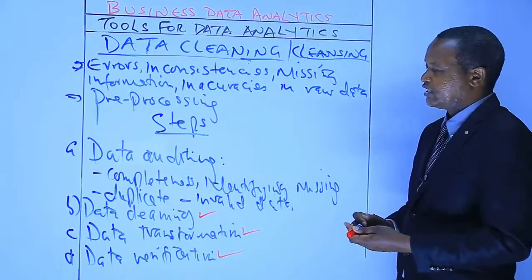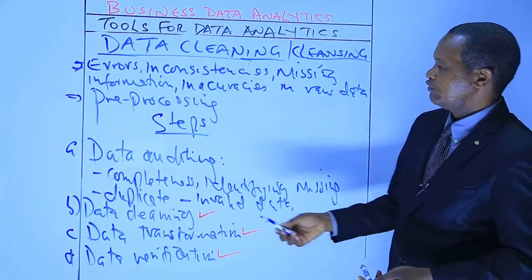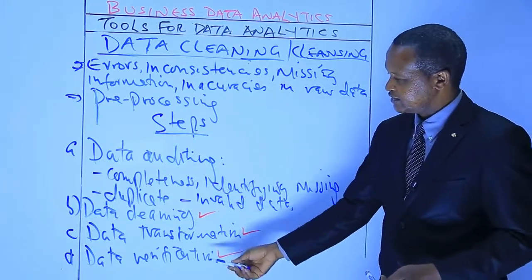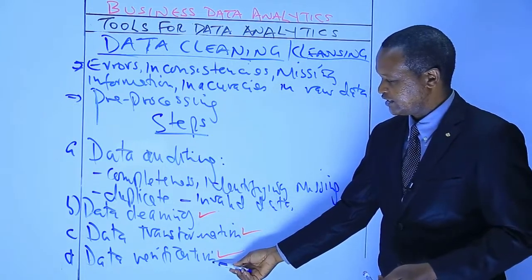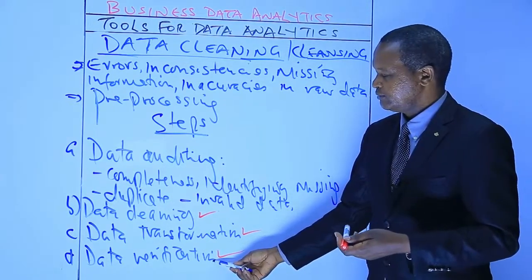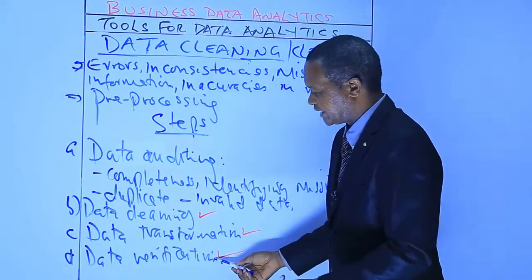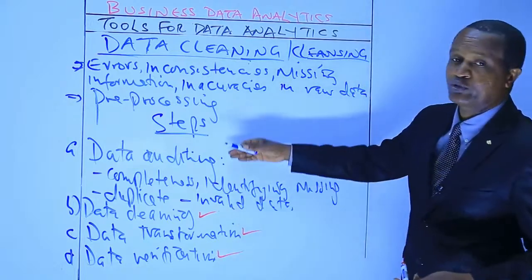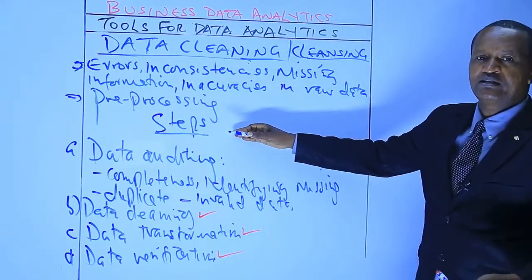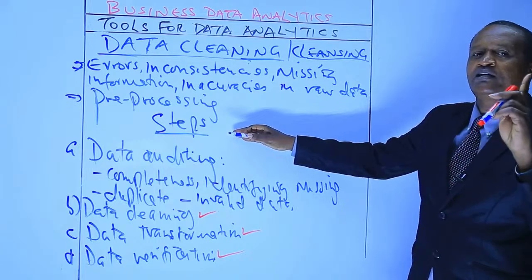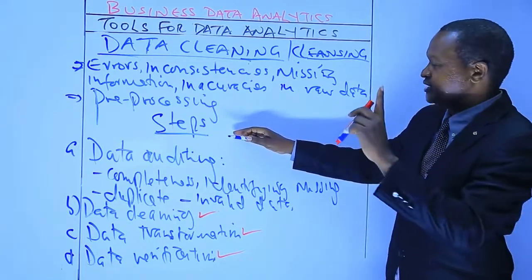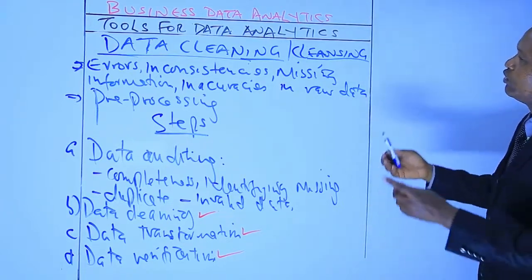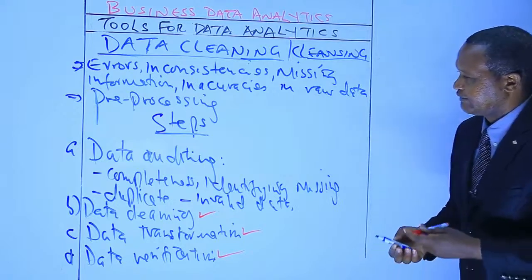That means after carrying out the first round of auditing, cleaning, transformation and verification, the data that is verified at the end may not be meeting the desired quality standard. And therefore, such data may be subjected to the same process again until the data achieves the desired level of quality. So that's the meaning of data cleaning.